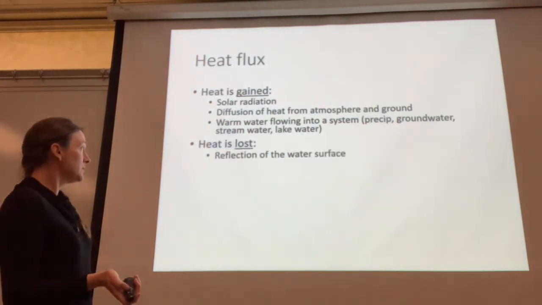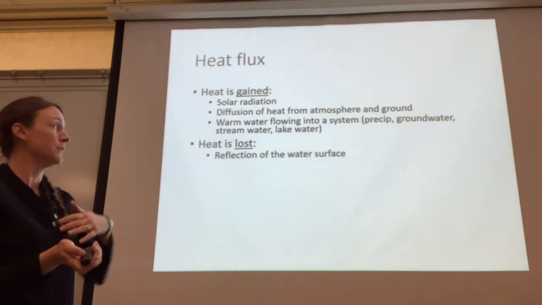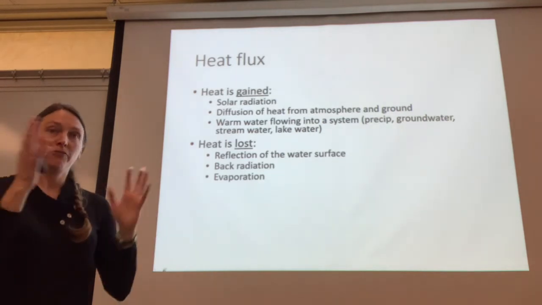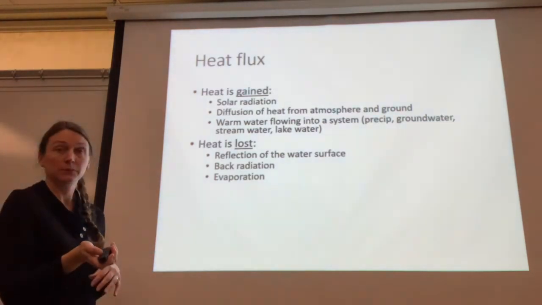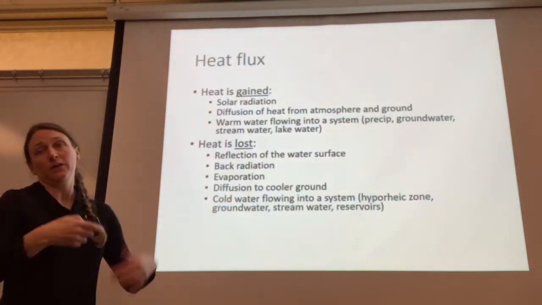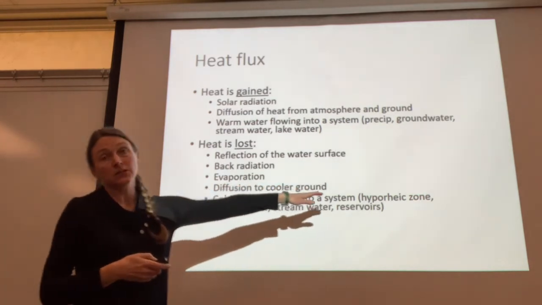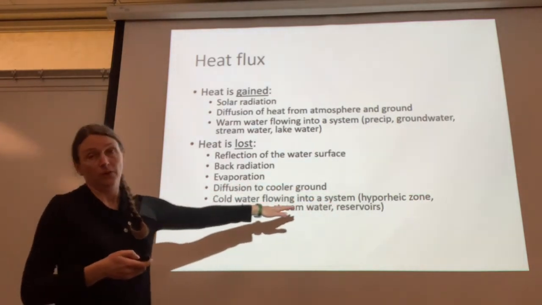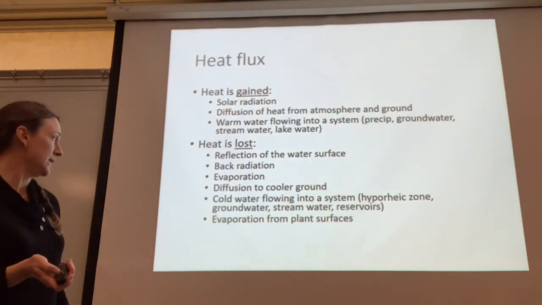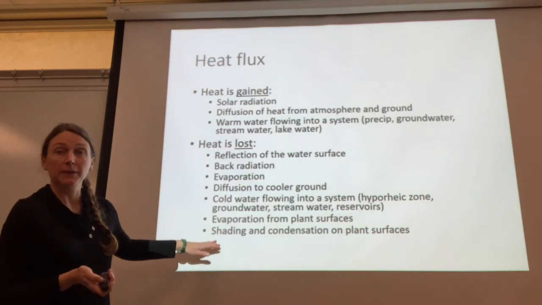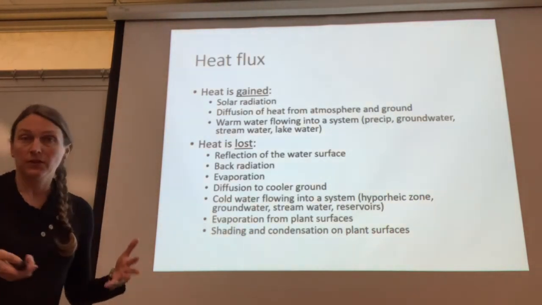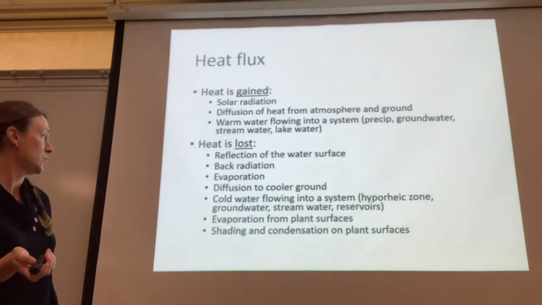But heat can be lost by reflection of heat energy from the water surface, back radiation, by evaporation of the surface or from plants growing near the water, by diffusion from colder ground, and by cold water flowing into a system from the hyporheic zone or from the groundwater or from the bottom of a deep reservoir. And also from evaporation from plant surfaces or shading by riparian plants, or condensation on plant surfaces. So a lot of stuff can influence the heat flux in a stream system.